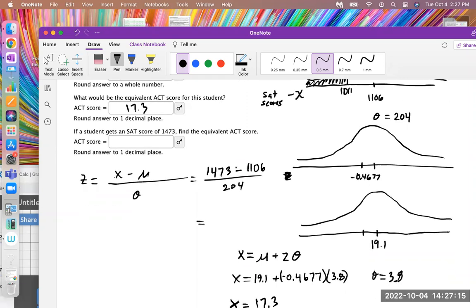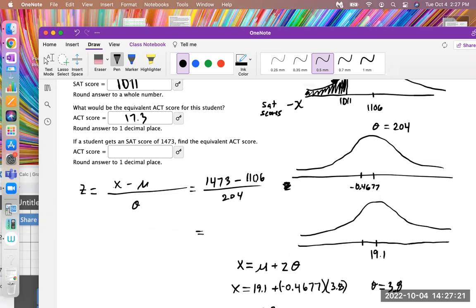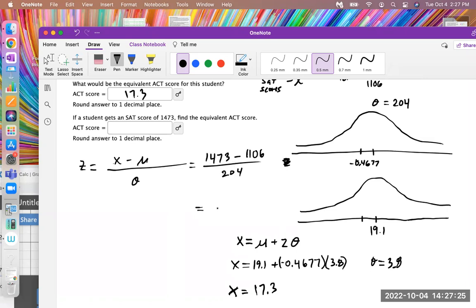All of the information I input here was from the SAT data, the mean of the SATs and the standard deviation of the SATs, and a value from the SATs. So I just do that in my calculator.